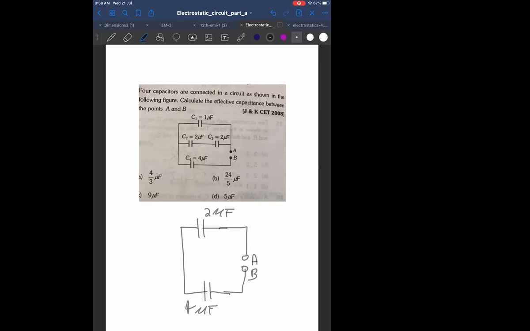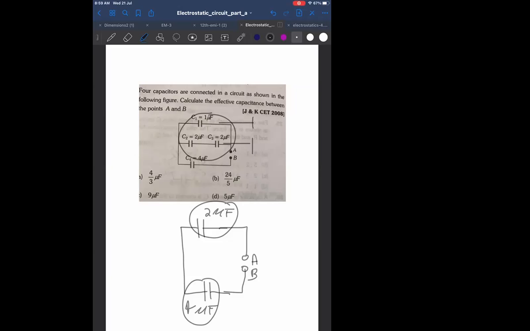Now, can I say these two are in series? Because I have got the equivalent capacitance of this as 2. Means this has 1 and this has 1, it will become 2. And this was anyway 4. Now these two in series, solve it and tell me what will be the effective capacitance between A and B. Others try to answer.